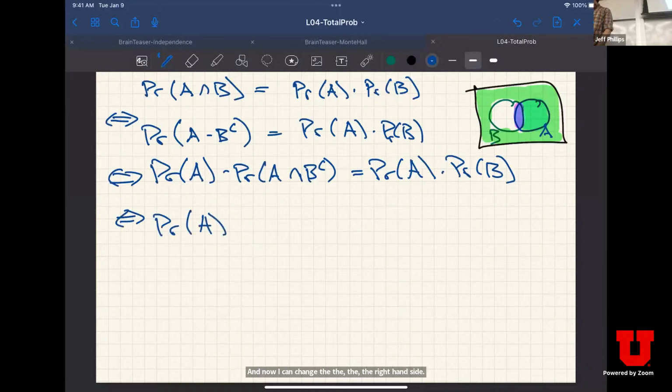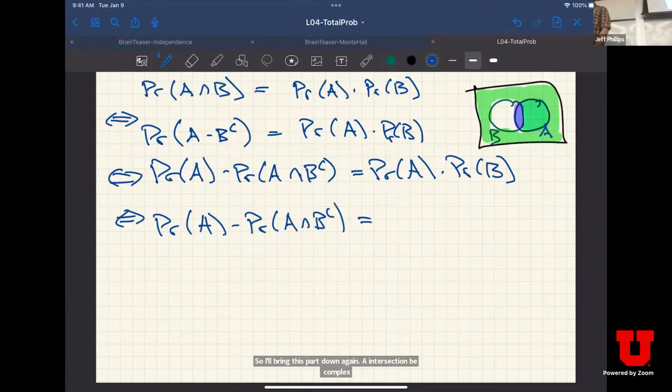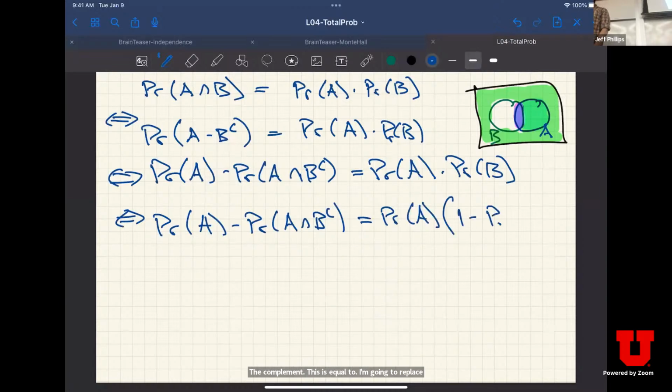I'll bring this part down again, A intersection B complement. This is equal to, I'm going to replace probability of B by 1 minus probability of B complement, the subtraction rule.